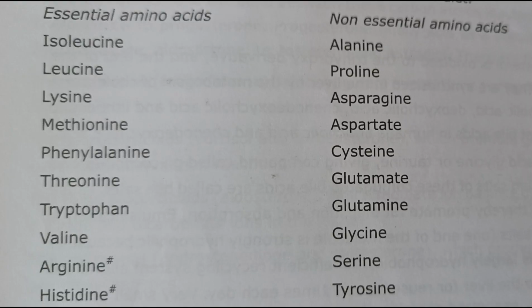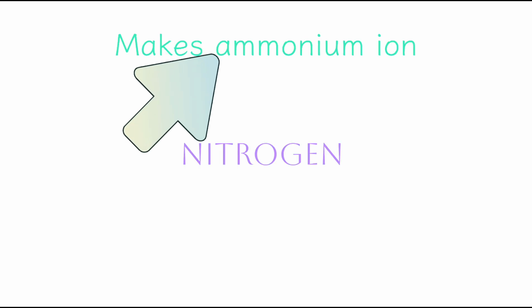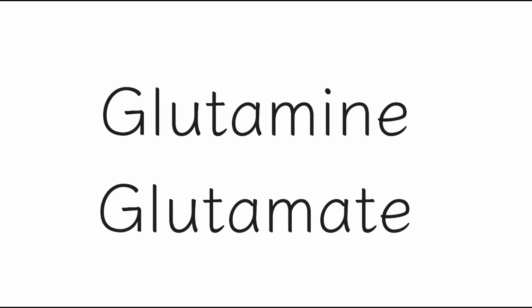Then nitrogen is an important component of an amino acid, which forms an ammonium group as a source of nitrogen for all the amino acids. So it incorporates into amino acids and various other biomolecules like nucleotides, and the two main amino acids, glutamate and glutamine, provide an entry point.